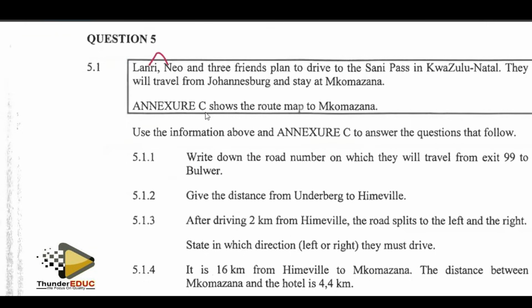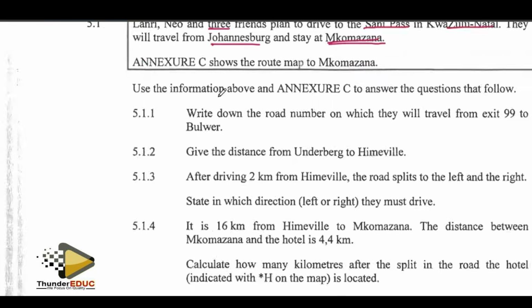These are two people plus the three friends. So all in all, these are how many people? 5 people. That's what you have to know. They are driving to Snipers. Where is it found? It's found in KwaZulu Natal. They will travel from Johannesburg and stay at this place here. And afterwards, I think they will continue. All right. We go and we see.